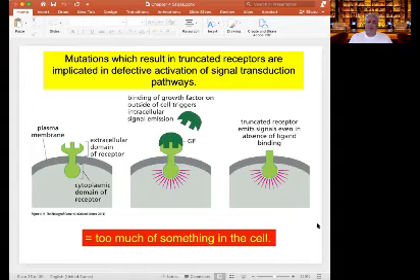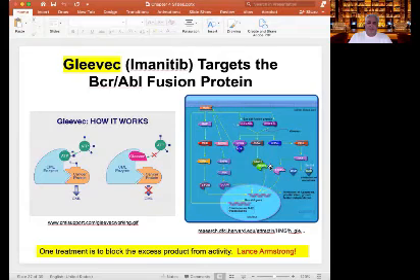So we're going to spend a lot of time in the next chapter looking at these receptors. So for now, just pay attention to this one. Gleevec, which is something that Lance Armstrong was given for his testicular cancer, is a drug that binds to proteins and neutralizes their activity.